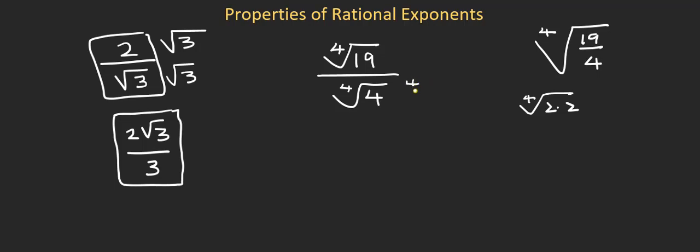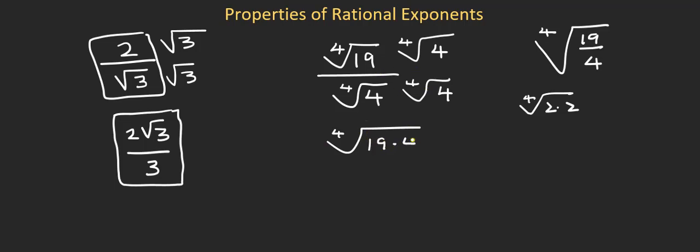So what you want to do is multiply by 4th root of 4 on the bottom. And since we multiply by 4th root of 4 on the bottom, you have to do the same thing on the top. So now you get 4th root of 19 times 4. And then 4th root of 4 times 4th root of 4 is 2.